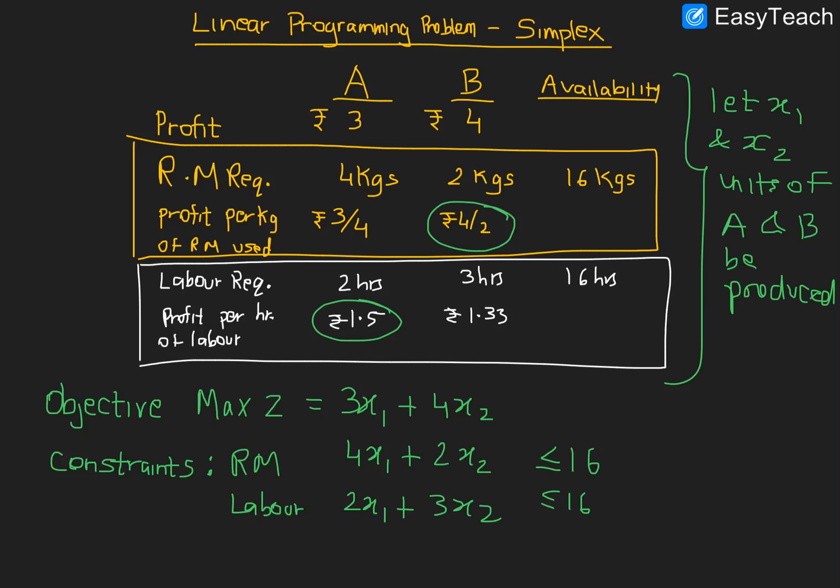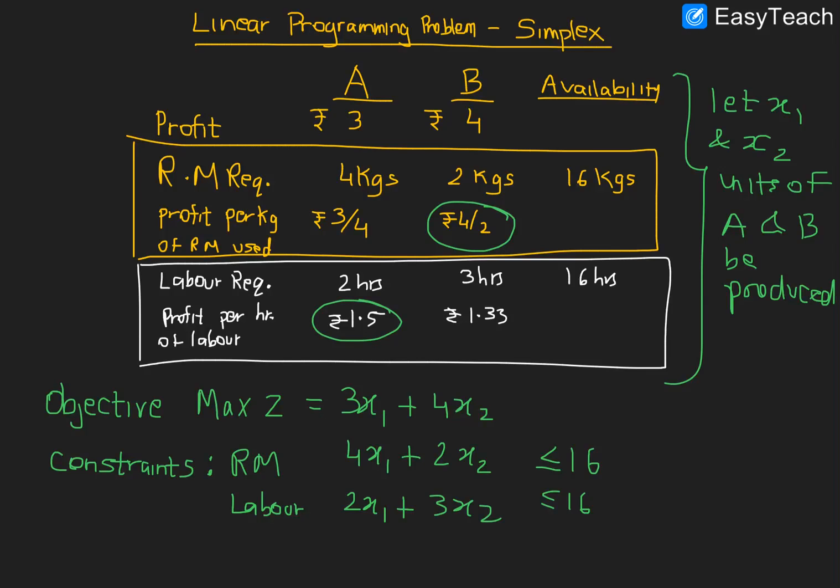Now we are done with writing the constraints, but mathematically I need to bind this LPP, because I cannot have negative quantities of A and B. So my x1 and x2 cannot be negative, and I need to put that constraint also.